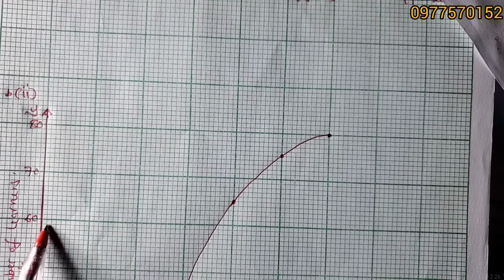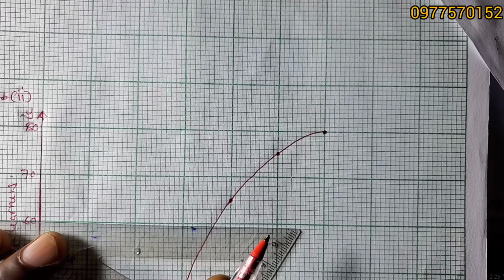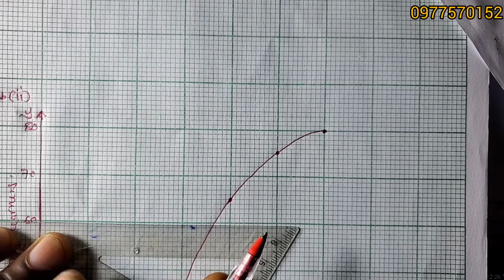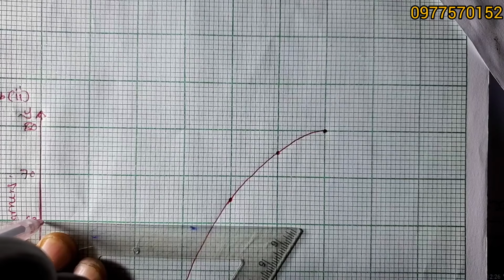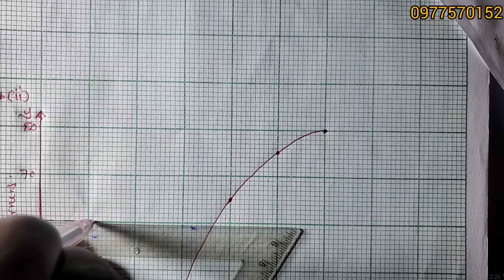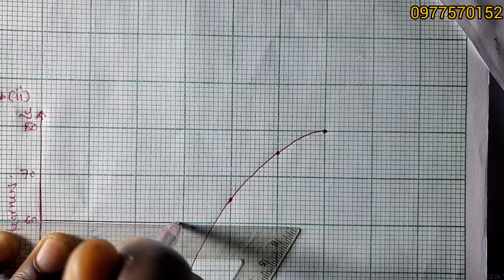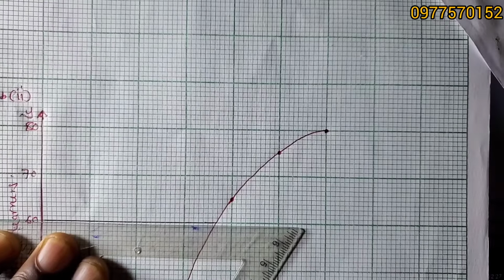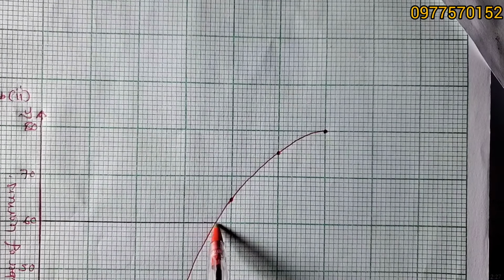So 60 is here. Using a ruler, I'm going to draw a straight line, like this. Let me just use dashed lines. Or if you want, you can use a solid line, it's okay. Up to where it is touching this curve.